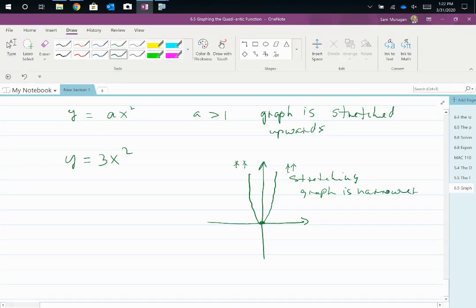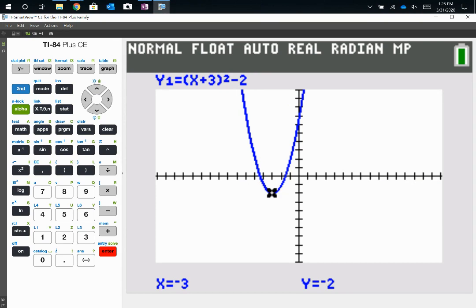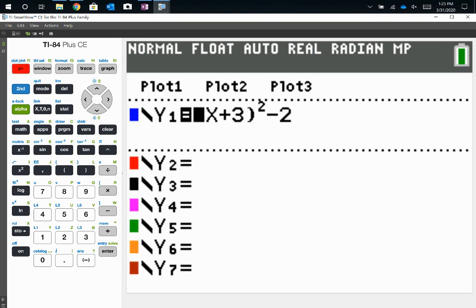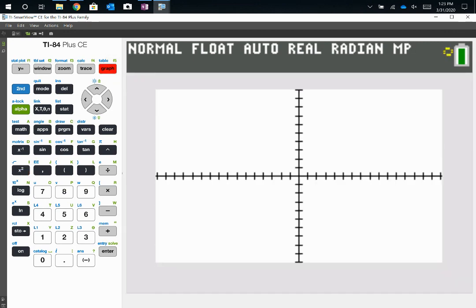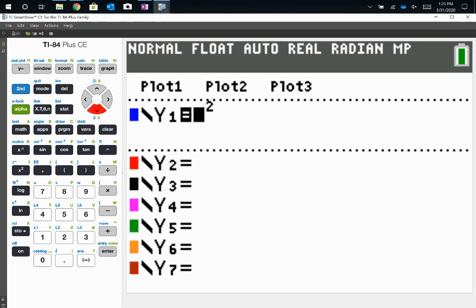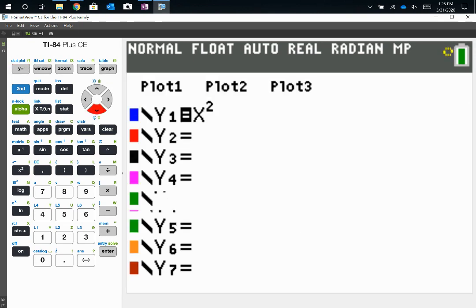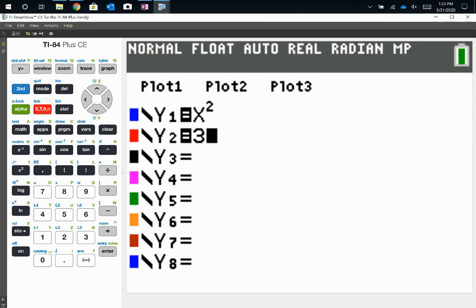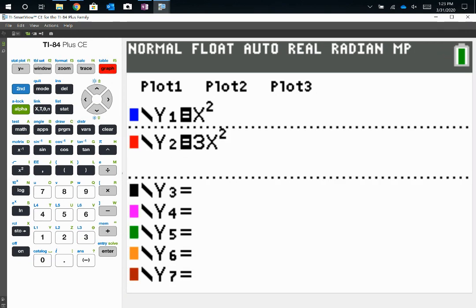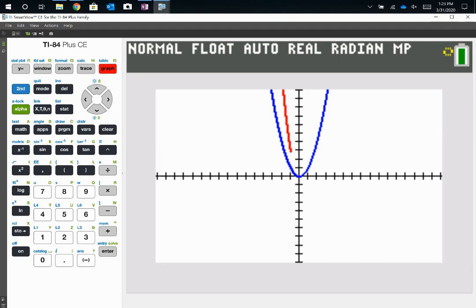And you can actually see the result of that with your calculator. Let's look at, say, if I were to graph the original x squared function, it looks like this. And then if I were to graph right below that, I graphed 3x squared. You can see it becomes narrower.